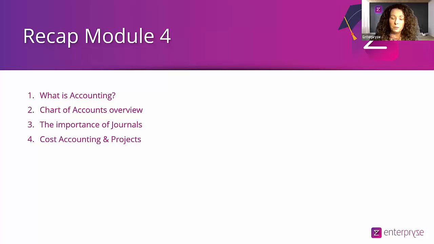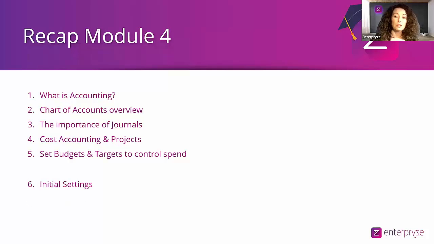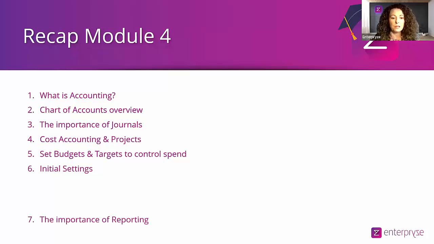Cost accounting and projects: we looked at how you could utilize cost accounting and projects within the system, and setting simple budgets against your GL accounts to control spend. We looked at the initial settings and what you can do in terms of the setup for that.